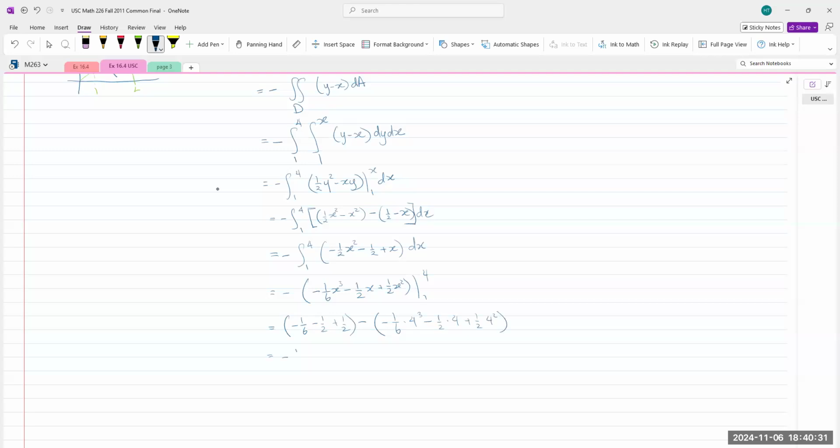So that's negative 1/6 minus, what is this? So 4 cubed is what? 64, 32. That's minus 32/3 minus 2 plus 8. Ew, that's ugly.